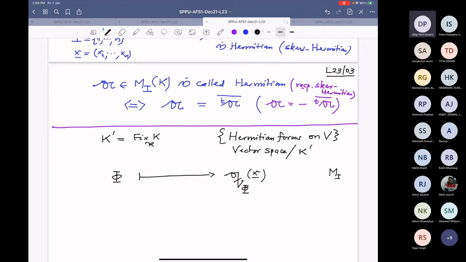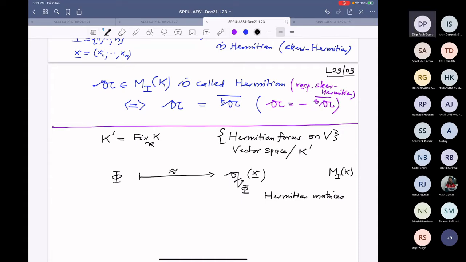These are Hermitian matrices. And this one is an isomorphism between them. And we have chosen a basis.